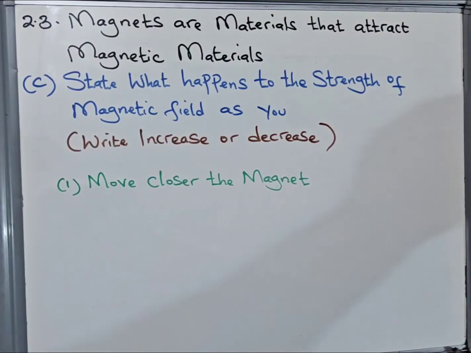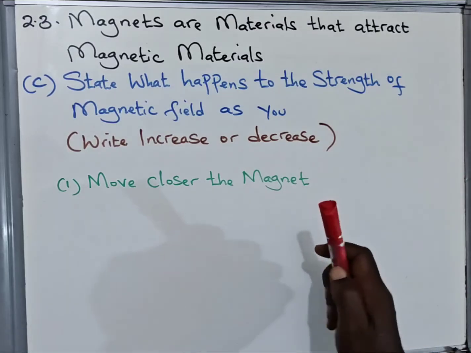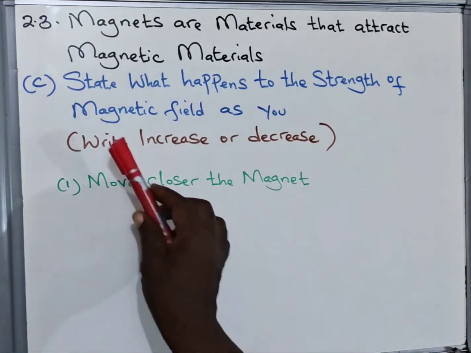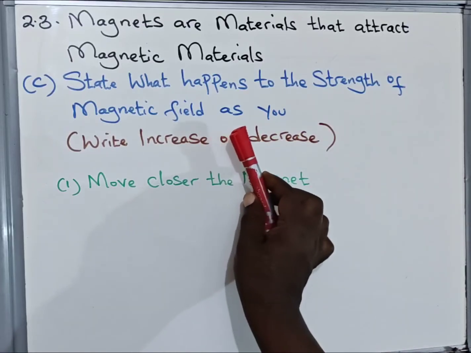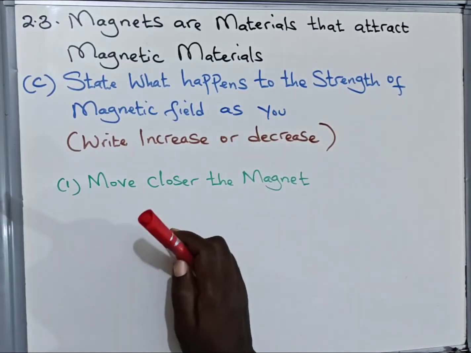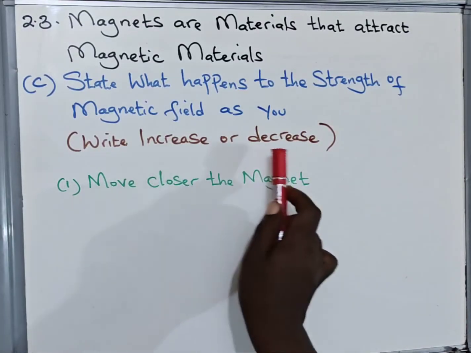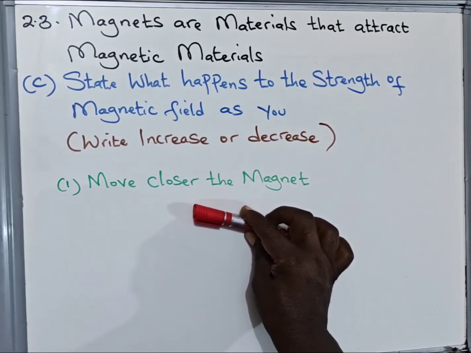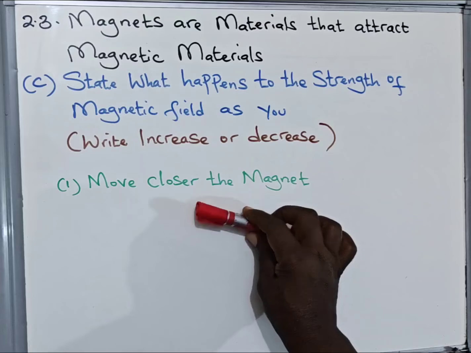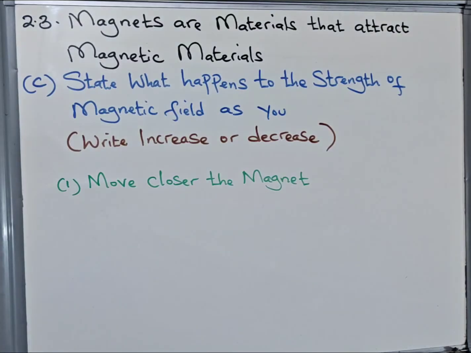Then we come to this question. It says, state what happens to the strength of the magnetic field as you move closer to the magnet, then here write increase or decrease. The answer is increase.